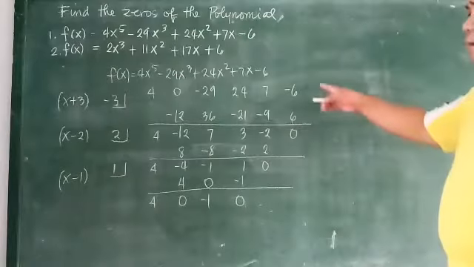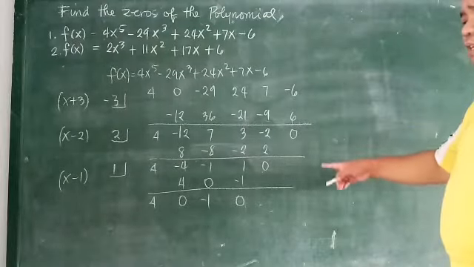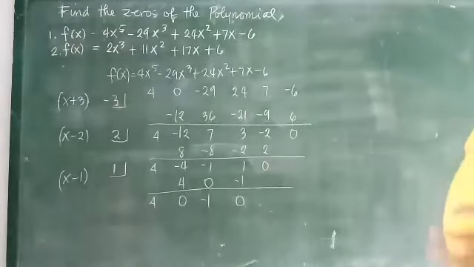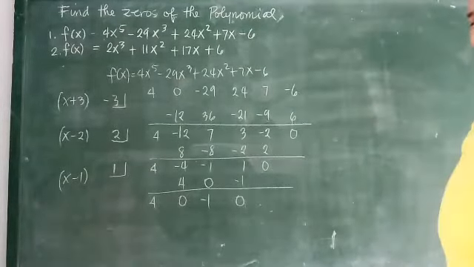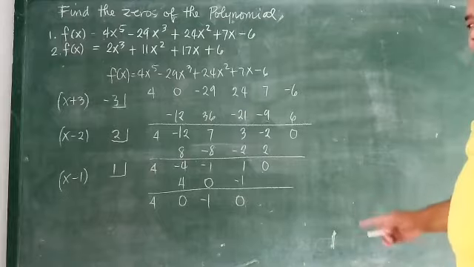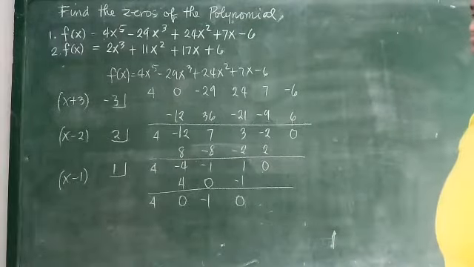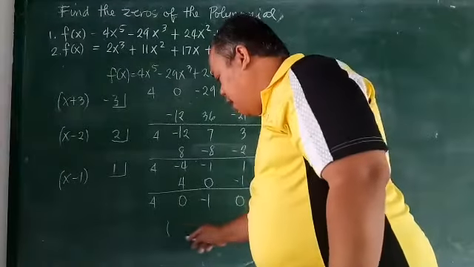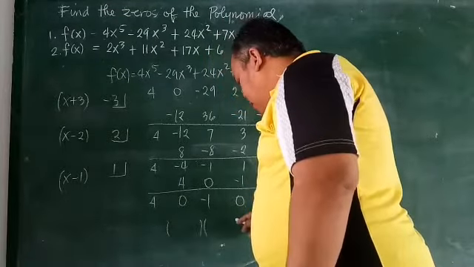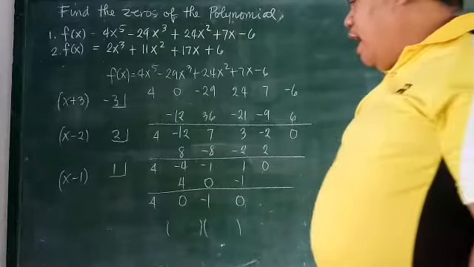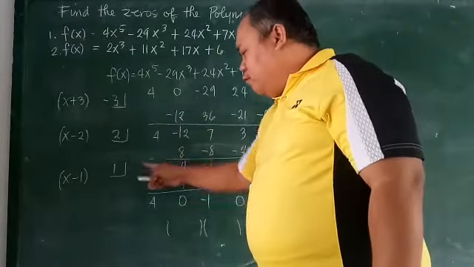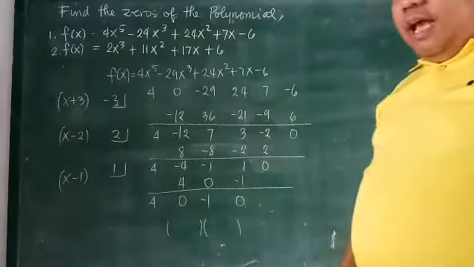So every time na nag-synthetic division tayo, bumaba yung exponent niyan. Until you come to a situation that you can actually factor, pag kaya mo i-factor, wag ka na mag-synthetic division. So naka 3 roots na ako, ibig sabihin ito, I can express this as a quadratic, di ba? So therefore, the highest exponent dito is x squared na lang.